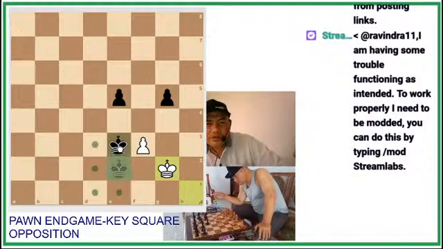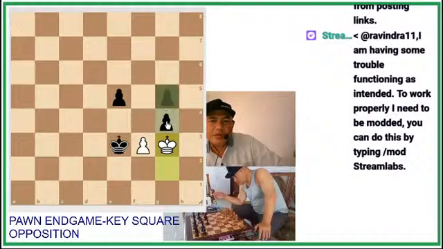If black goes here, then white can go here. What happened if white moves here? This is of course a draw, still a draw, but can be dangerous to black's position.